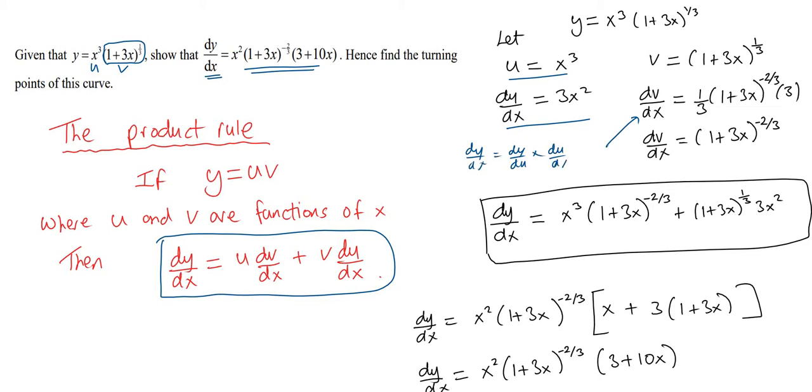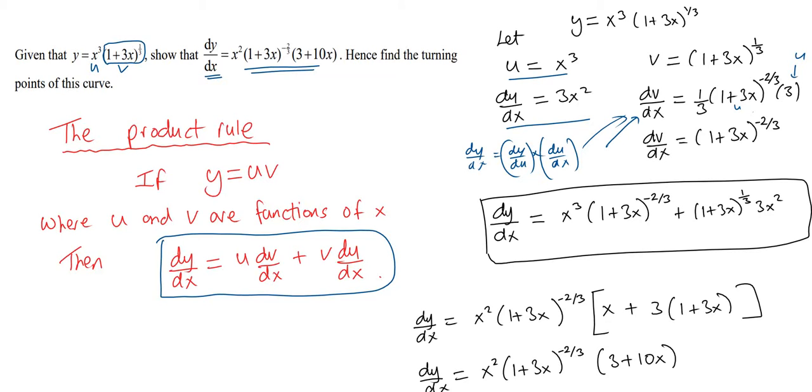If you let the bracket be u there, and du by dx is the 3, when I differentiate as if the whole bracket is u, I get a third, and then the bracket to the minus 2/3 because you take 1 off the power, and then you just times it by the differential of what's inside the brackets. So that's a quick way of doing the chain rule. They do try to involve the chain rule within the product rule in an exam type question.